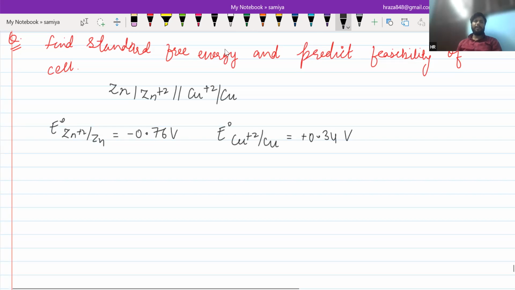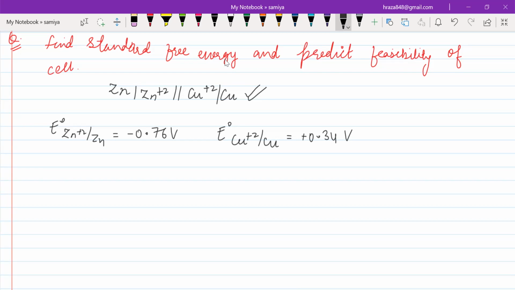Please find the value of E naught cell. After finding it, put the value of E naught cell in delta G naught. You know the value of F. What about n? You are going to write a reaction from this representation. Then you will come to know how many electrons are gained or lost. Then put the values and you will get your answer. Let me know if you are not able to do it.